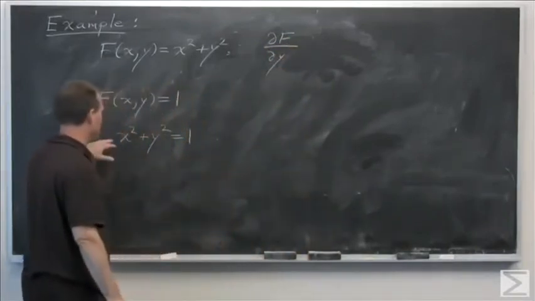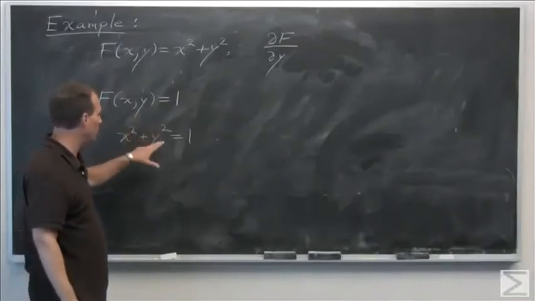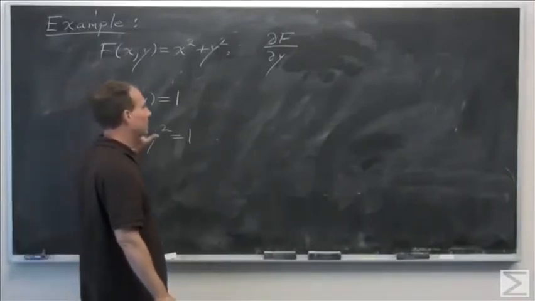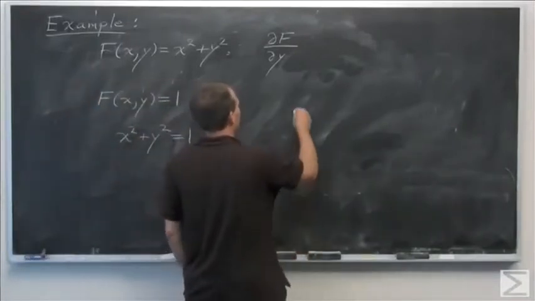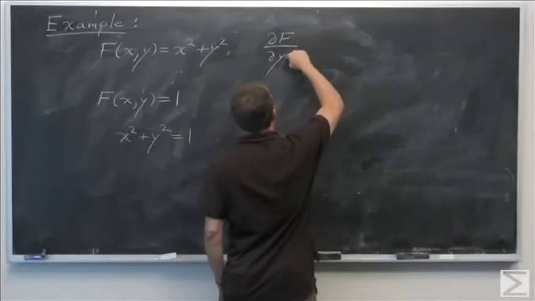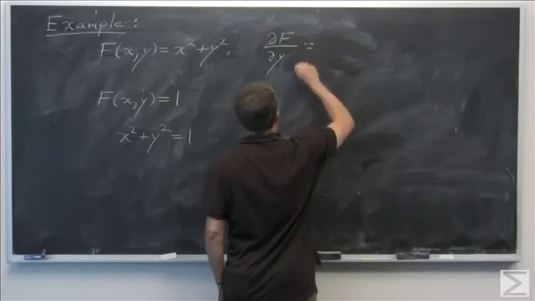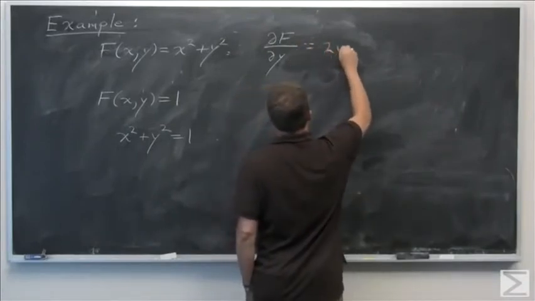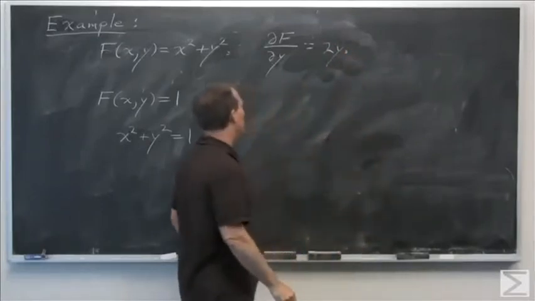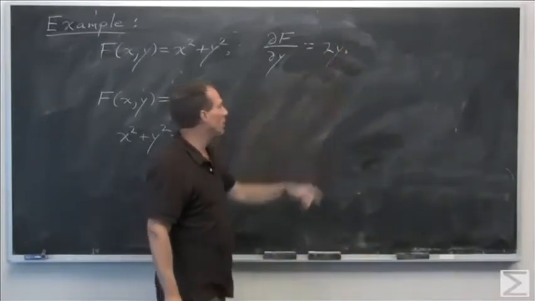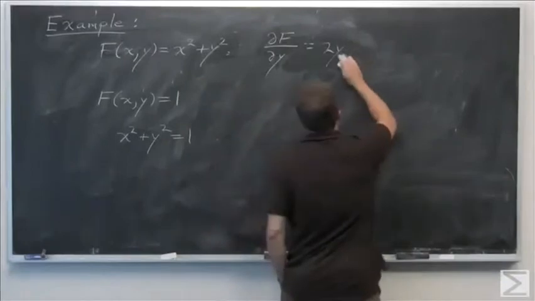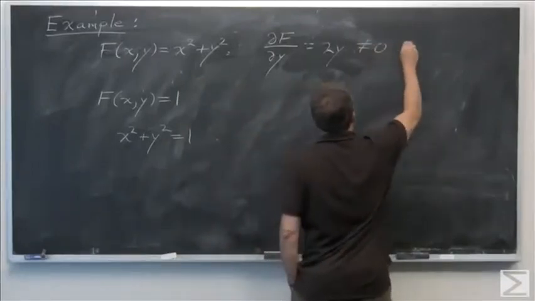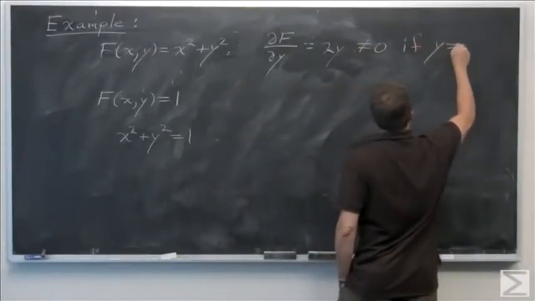But if we've decided we don't want to solve for x in terms of y, we know we want to solve for y in terms of x, there's no reason to calculate the entire gradient vector. We just want to know that this partial derivative is not 0 at p, at the point where we want to do this. So the partial derivative of f with respect to y is 2y. And so this will be non-zero any place that y is non-zero. So this is unequal to 0 if y is unequal to 0.